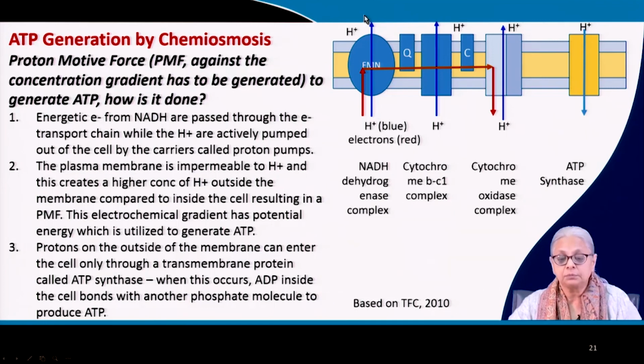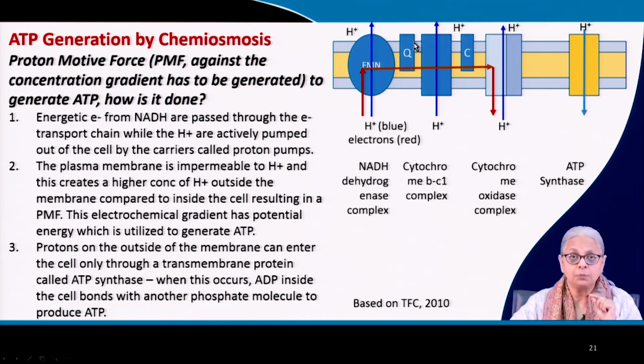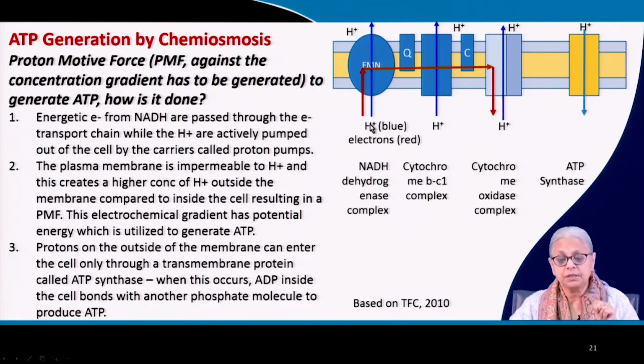So you can see in all three cases protons are being pumped out, and that will give you a higher concentration of protons at the outside rather than the inside of the cell. Where are the electrons? The electrons are together with the protons here, and as the protons are being pumped out, the electrons are passing from one complex to the other in the electron transport chain. I'm not going to go into any details, we will come to them later.